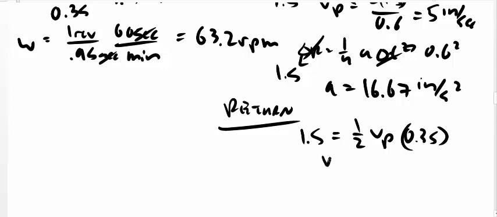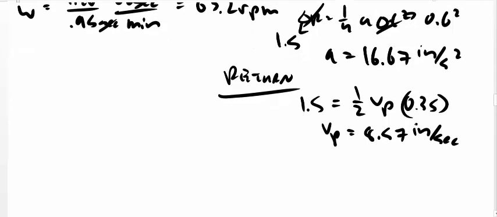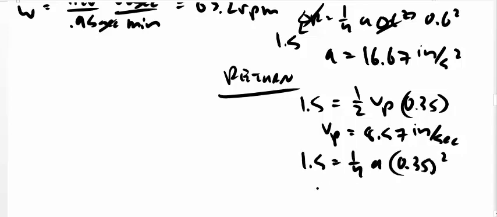So your peak velocity is equal to 8.57 inch per second. And then we can go to your acceleration. 1.5 is equal to 1/4 acceleration 0.35 squared. So your acceleration is equal to 49 inch per second squared.